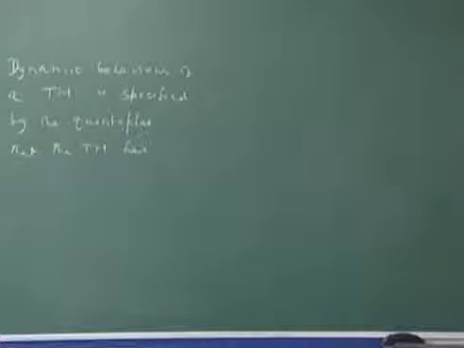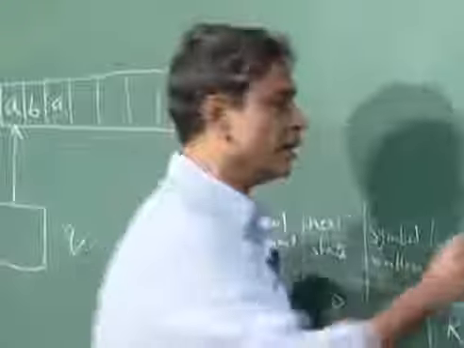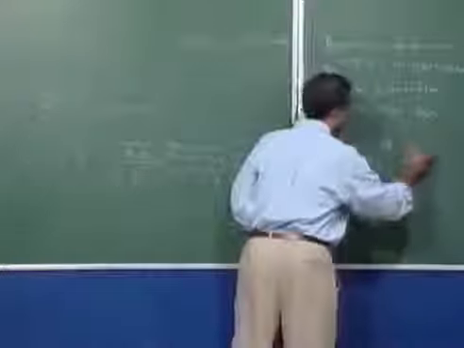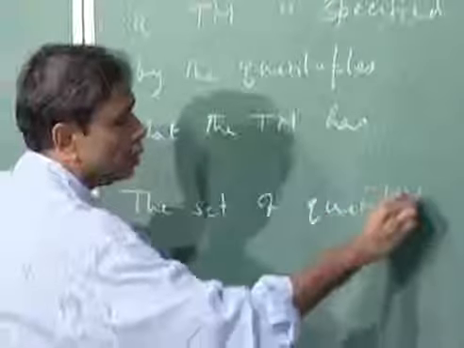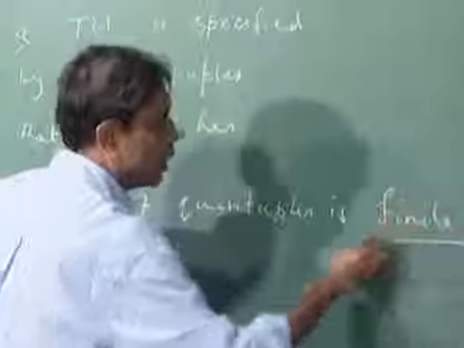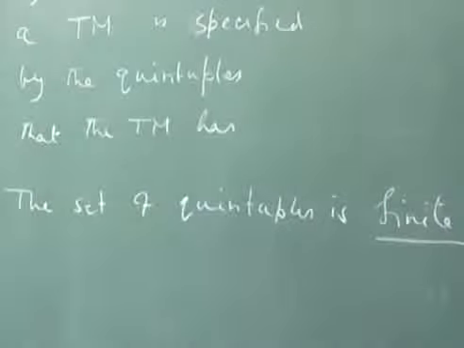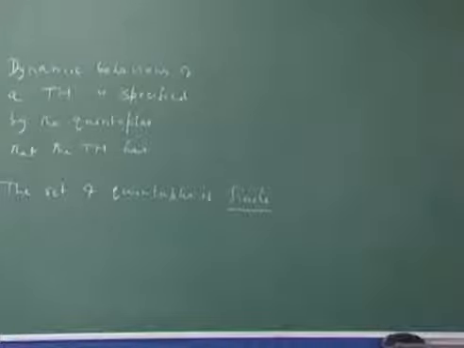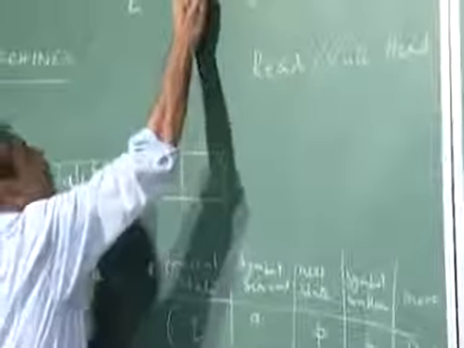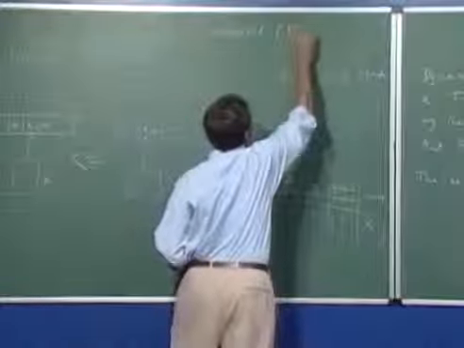By the way, for a particular Turing machine, it is easy to see that this set of quintuples is finite. Why? Because, as before, we assume that the alphabet we work with, sigma, is a finite set.